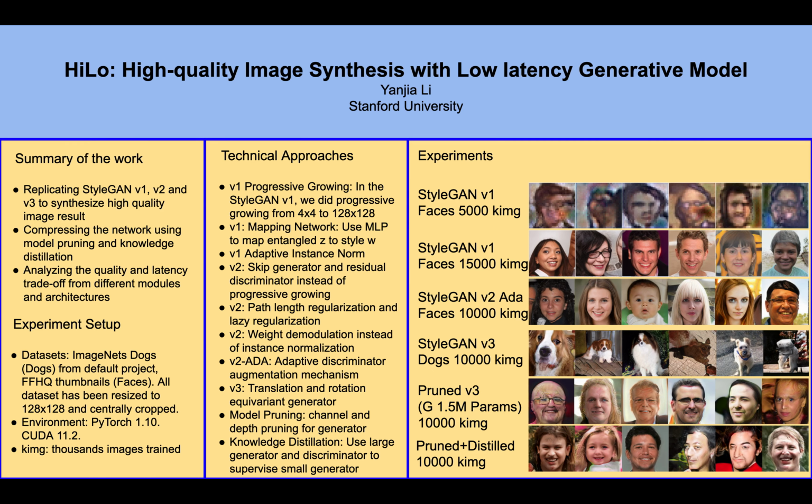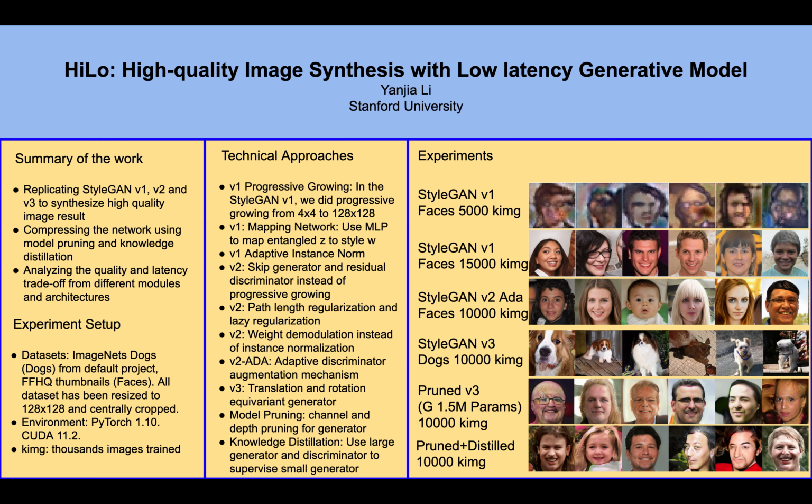And in the end, I'm able to grow the model from a 4x4 resolution to 128 by 128 resolution. And also, most importantly, I implement this mapping network, which is an MLP, to map the entangled latent vector to the style vectors. Also in the synthesis network, I added this adaptive instance norm to help control the styles.